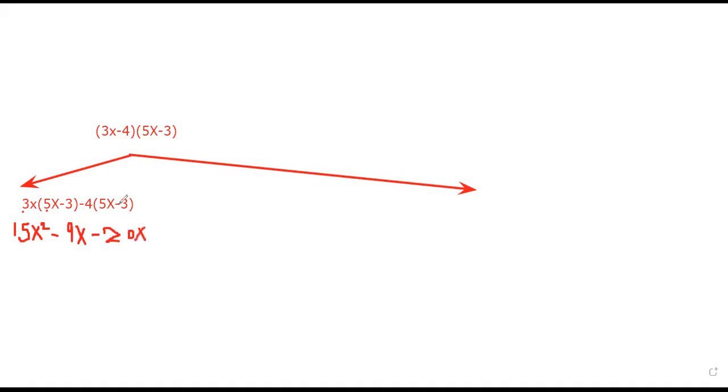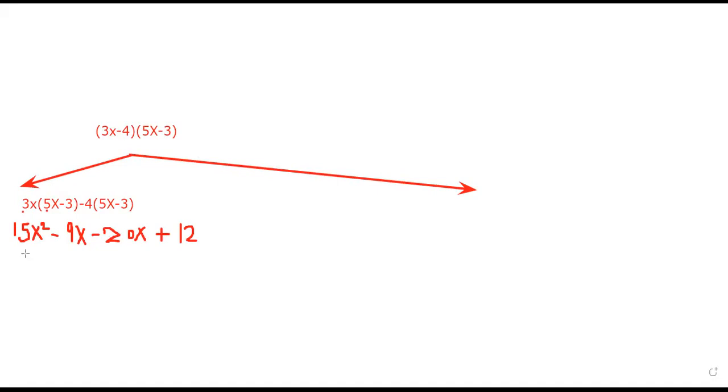And then negative 4 times negative 3, it will be positive. Say with me. Positive what? Positive 12. Now we have a like term, right? We have like terms or not? Yes.